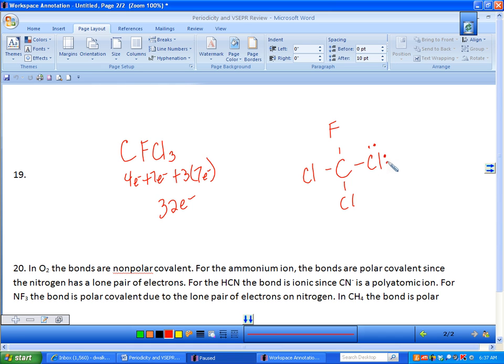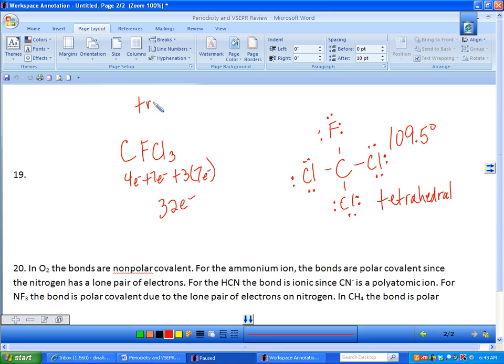Go around and put my electrons, and I'm going to run out of time, so I'm going to go quick. I have 4 regions around, and I'm always looking at my central atom, so I have 4 regions of electron density, so that one is tetrahedral. Okay, so tetrahedral should be 109.5.